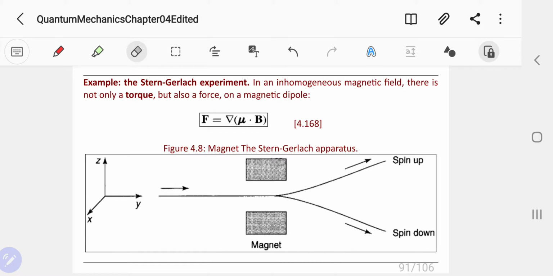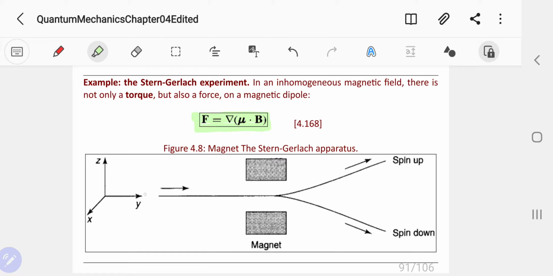Here, if you can see this in this figure, by the way, before that, the force on a magnetic dipole has this form. This is the gradient of mu times B, which is the energy. So this is the differential of energy, which is just the force.